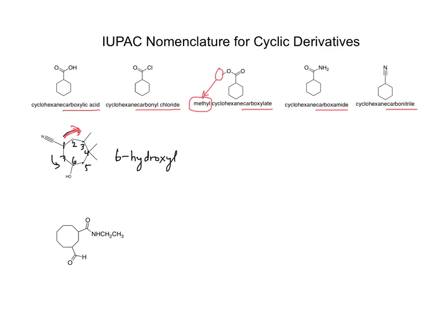Let's go ahead and erase the L. So 6-hydroxy. And then 3,4,4-trimethyl. And then, just the ending, it's a cycloheptane carbonitrile.